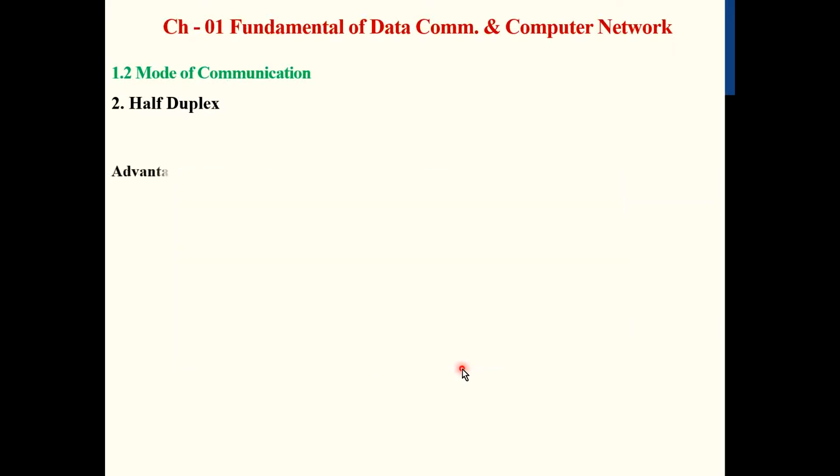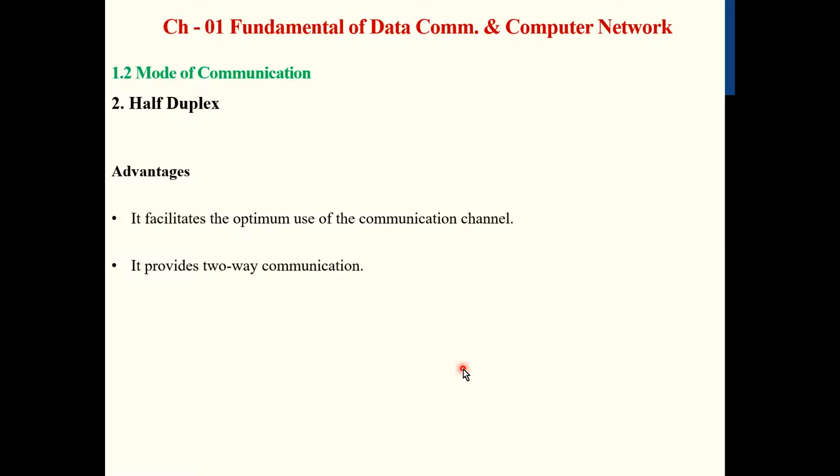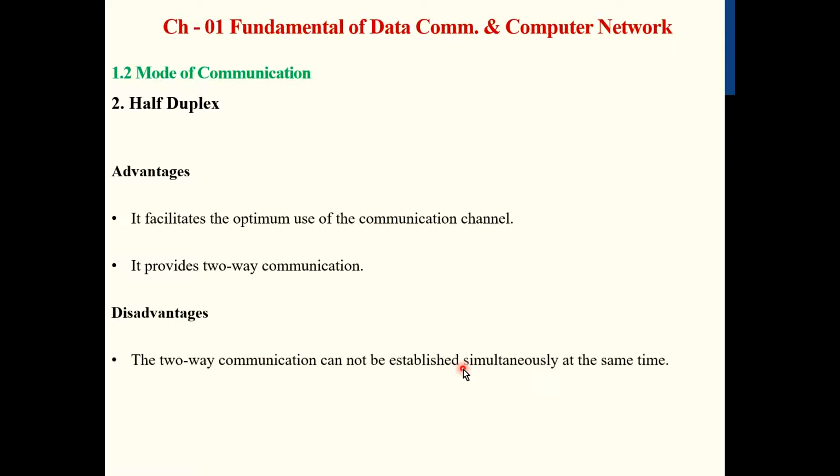Then we see the advantages. It facilitates optimum use of the communication channel. It provides two-way communication, but not at a time. Disadvantage: two-way communication cannot be established simultaneously at the same time.